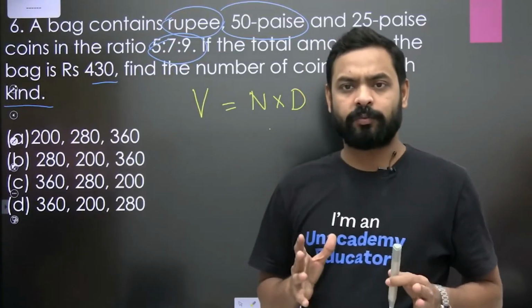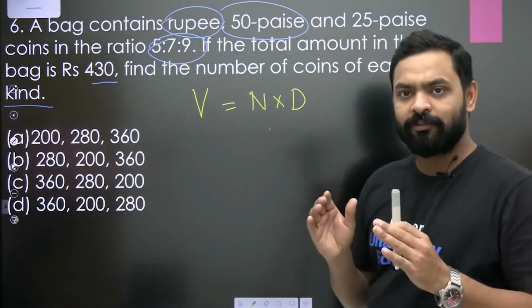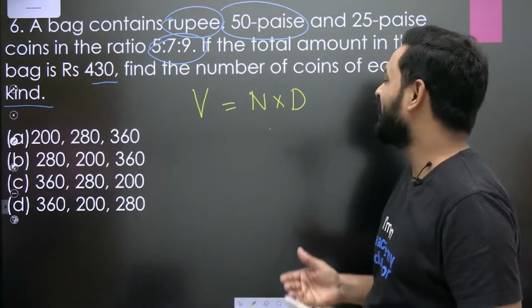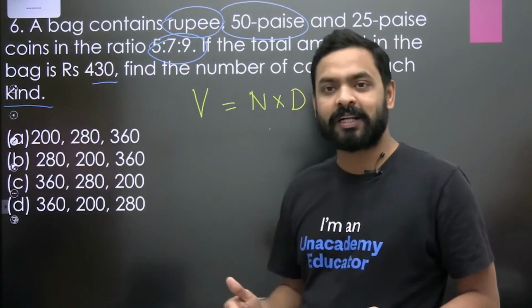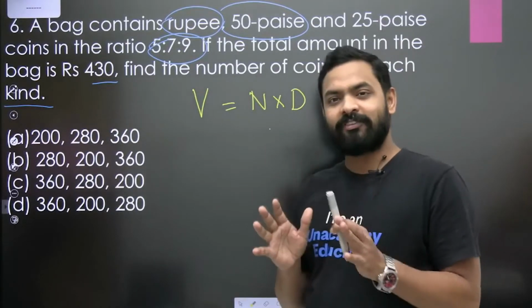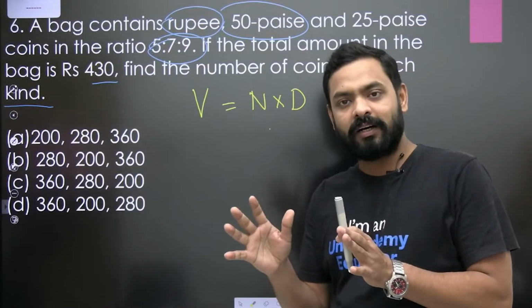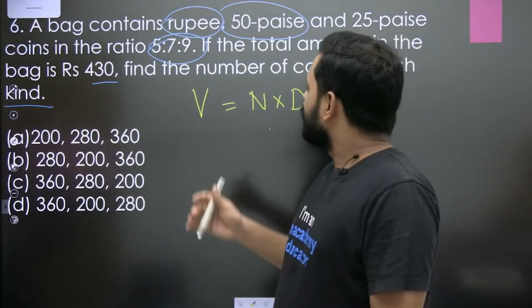We can solve it by working backwards from the options, the reverse gear approach, but my agenda is to clarify the concept, then only you will be able to handle the varieties.